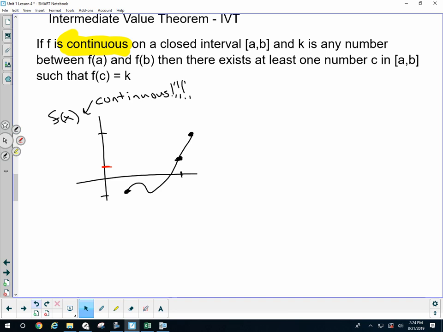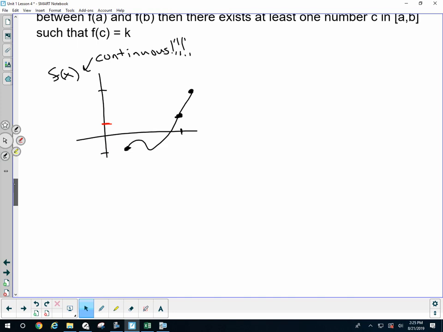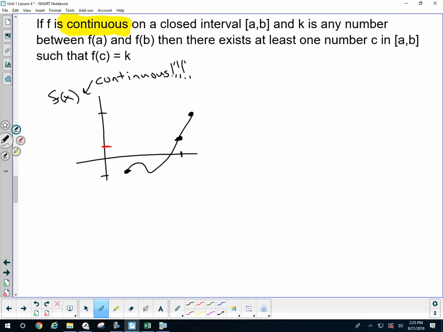And you'll see how we're going to apply this to certain situations, okay? So we are guaranteed to have any y value between our 2 points get hit by some x value. I'll write that.